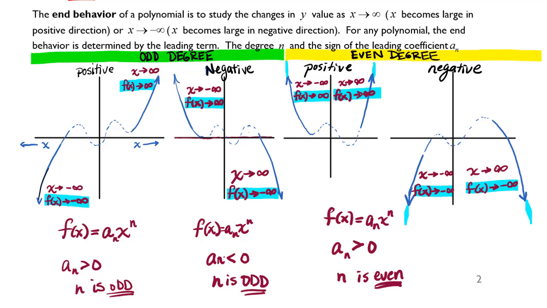That's not what we're looking at right now. So I'll finish up this last statement here. This last one is even degree and negative. So f of x has the form with the leading coefficient a sub n x to the n, where a sub n is less than 0, so it's negative, and n is even.